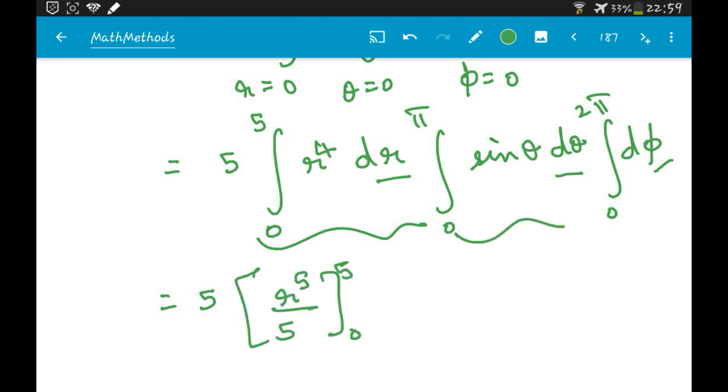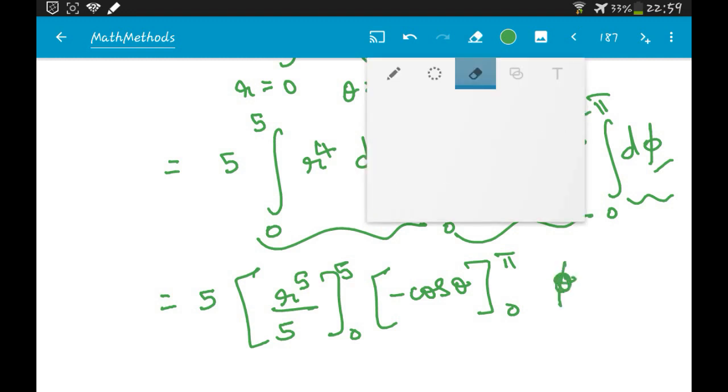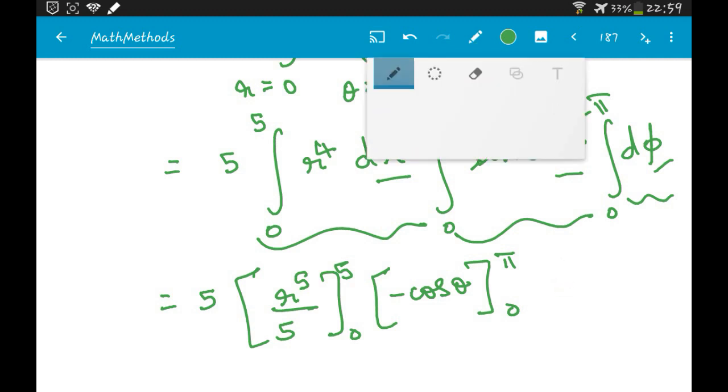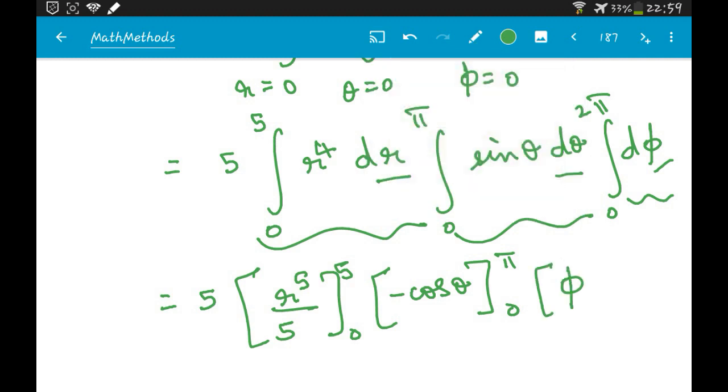from 0 to 5. We will get minus cos theta from 0 to pi, and we will get phi from 0 to 2 pi.